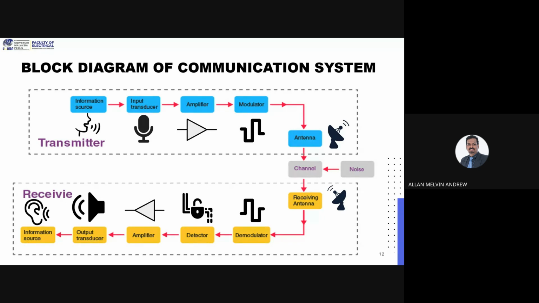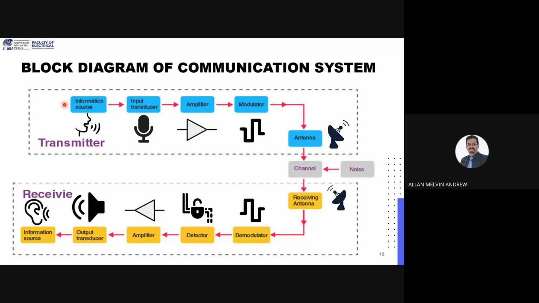What are the elements in between? Since it's a system, it is not only having one component, it must have various components working together. Okay, so we will continue from the place we stopped yesterday.